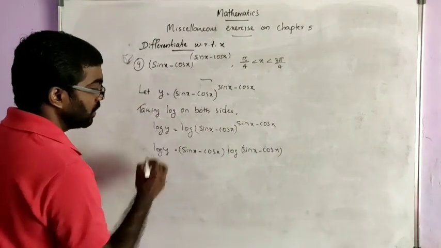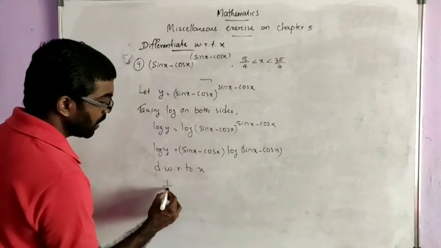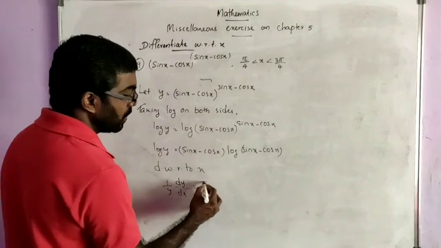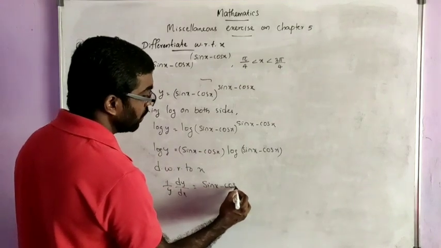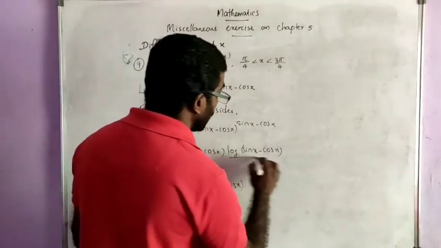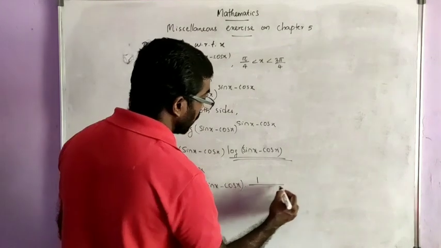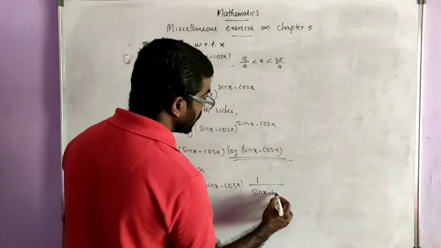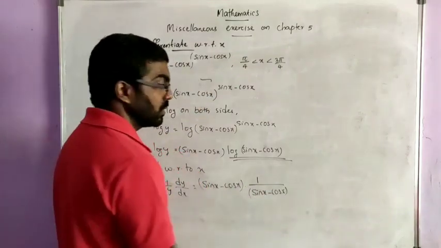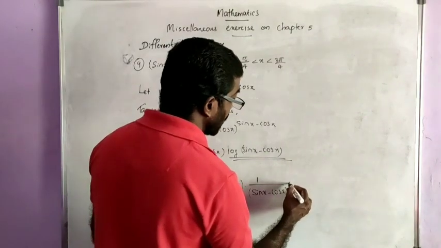Okay. Now we differentiate with respect to x. 1 by y into dy by dx is equal to, here product rule: (sin x minus cos x), that is the first function, into the derivative of the second function, the derivative of log of (sin x minus cos x). The derivative of log x is 1 by x, so here 1 by (sin x minus cos x) into the derivative of (sin x minus cos x), because instead of x the term is sin x minus cos x, so we have to apply the chain rule.